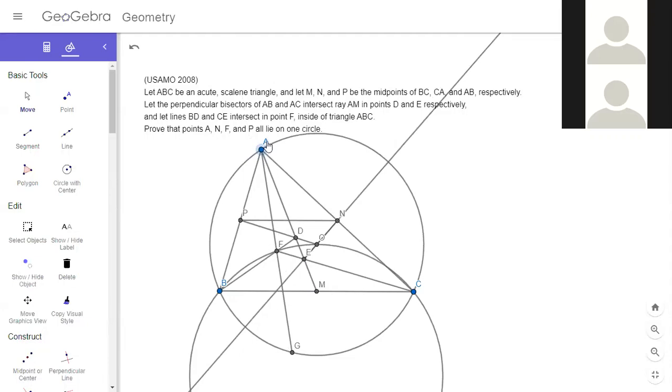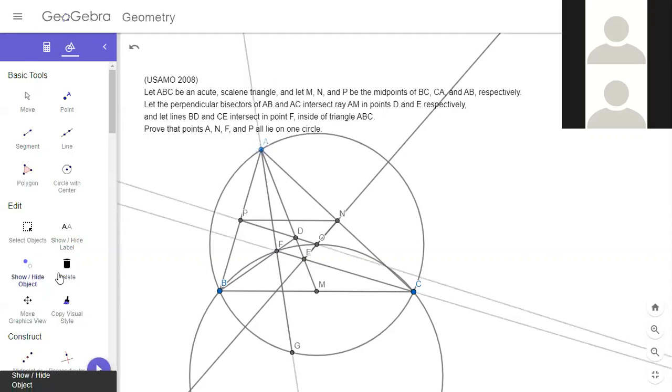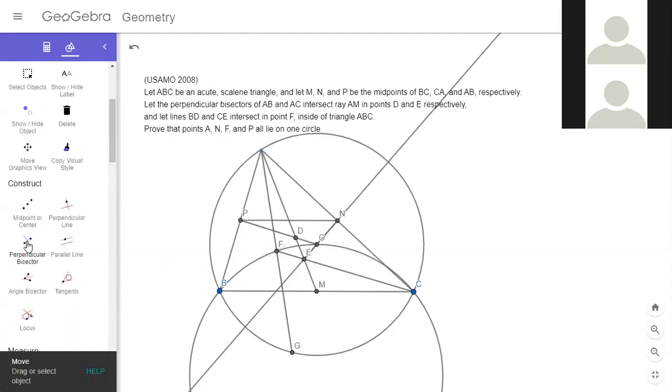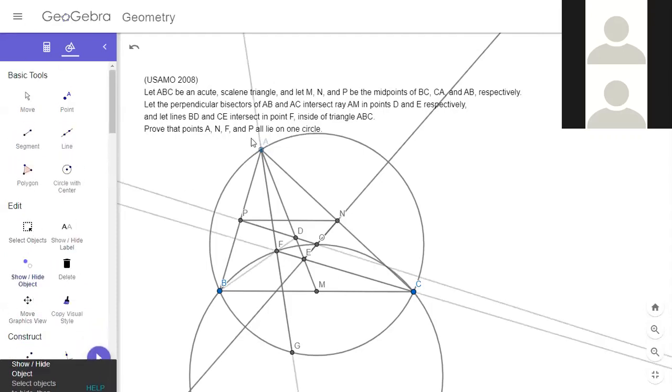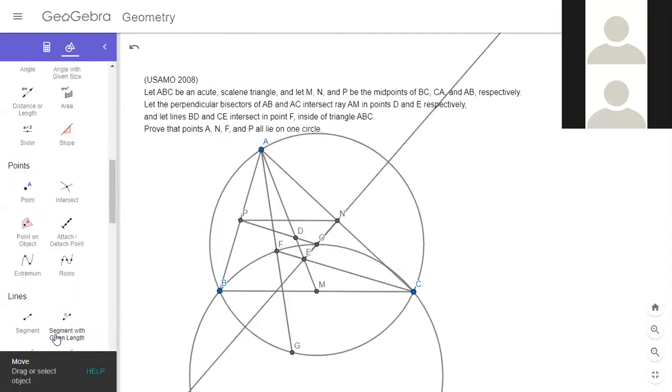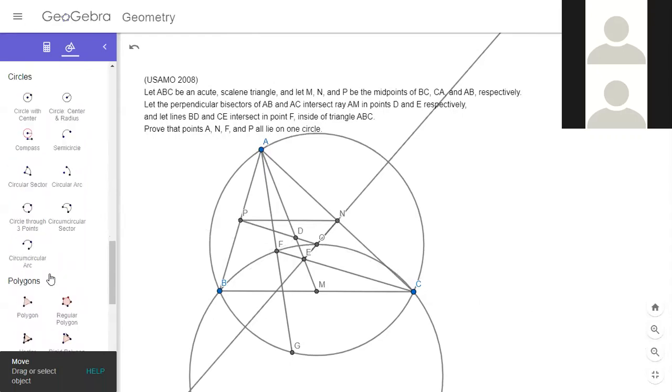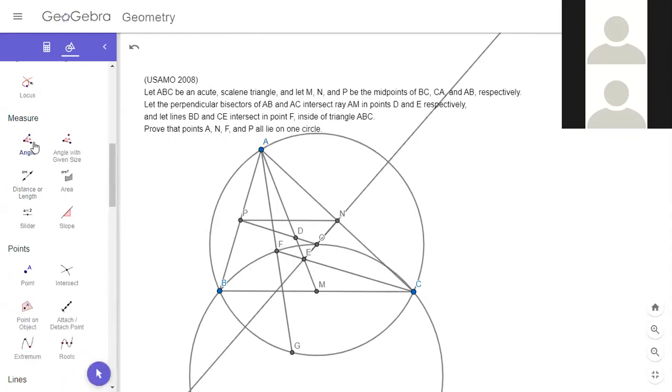I would let AG be the symmedian, and I would let F be the midpoint of it. And then I could show C, E, and F are collinear, and then B, F, and D would be collinear by the same argument. So I think that would do it. Let me check that it's actually a symmedian.